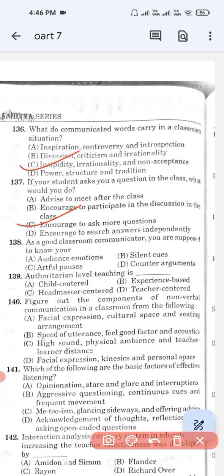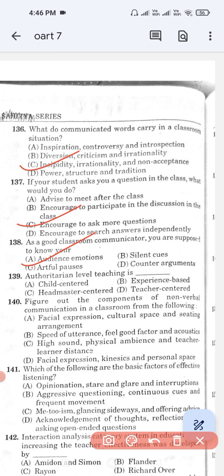Now, question number 138. As a good classroom communicator, you are supposed to know your option A, audience emotion, option B, silence cues, option C, artful pauses, and option D, counter arguments. So option C, artful pauses is the correct answer.